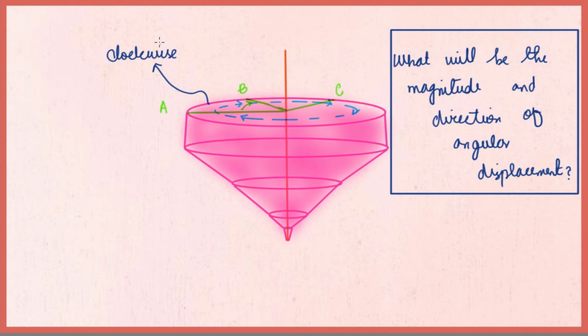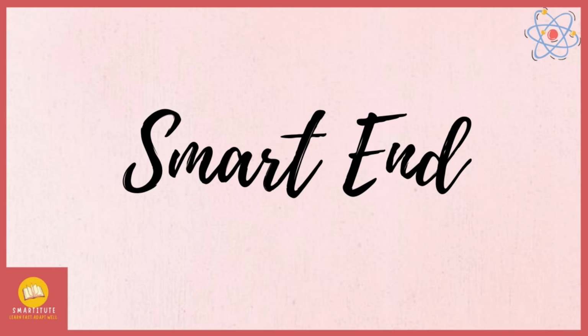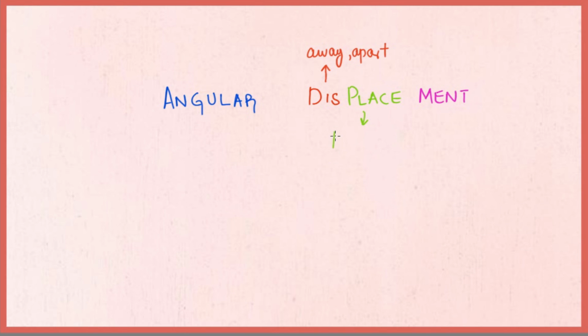But before checking, test yourself honestly. To memorize the concept of angular displacement permanently, just break the two words, angular displacement, into root words, where dis means away or apart, place means a particular position, and ment means an action or a resulting state.